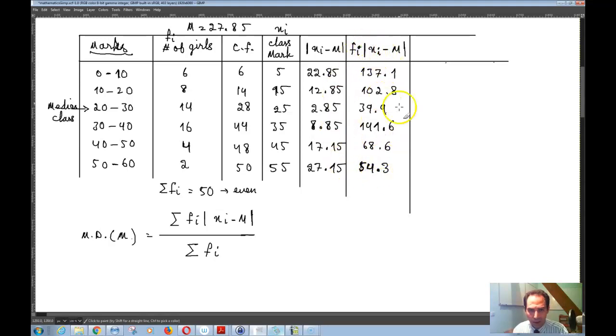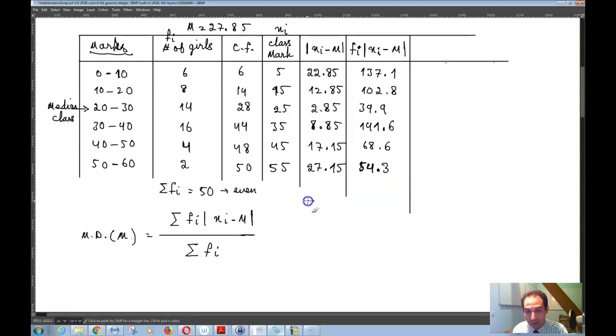If I add all of these numbers together, 137.1 plus 102.8 plus 39.9 plus 141.6 plus 68.6 plus 54.3, I get 544.3.